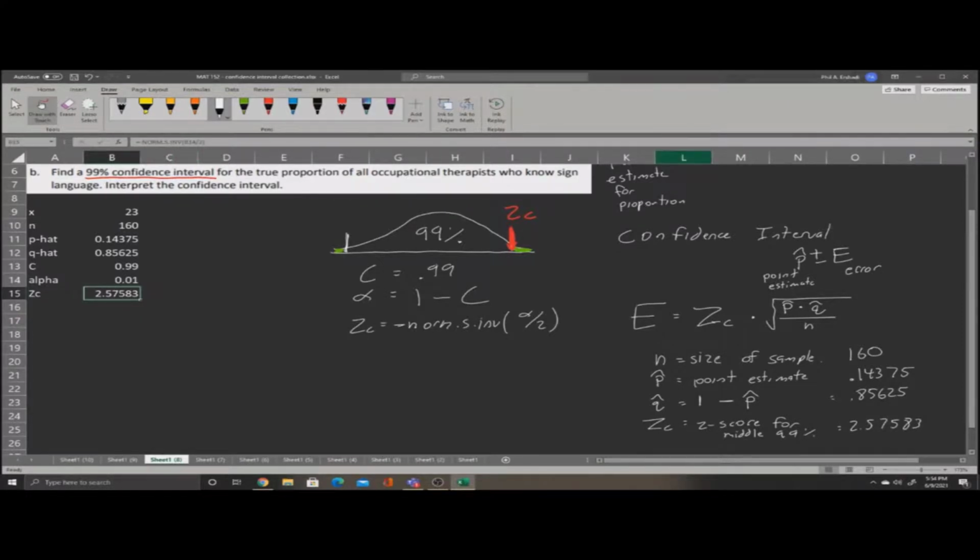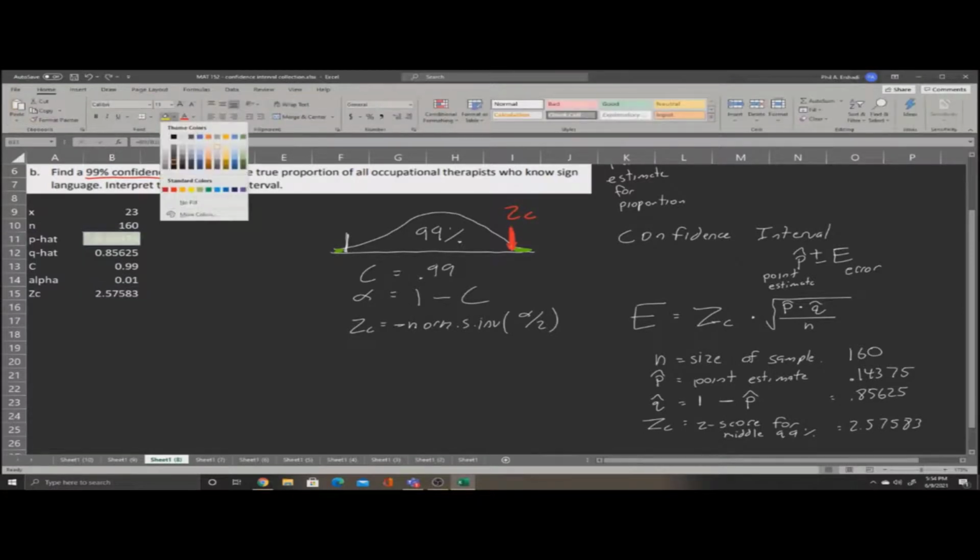Now that we have all of our numbers entered into Excel, let's mark what we need so we don't forget. We'll need the p hat, the q hat, the n, and the z critical. Now we'll place those into the formula for error that we wrote previously.